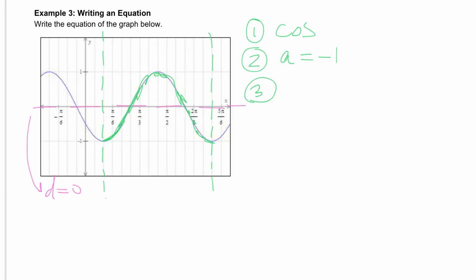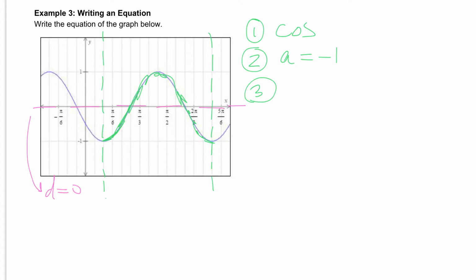So we're looking for how we've shifted from 0, which means we need to start labeling our other tick marks on this graph. If you take a look at how our graph is split up in the very beginning, we have 1, 2, 3 tick marks, 2 that are unmarked, but 2/3, so 2 out of the 3, we're taking of pi over 6.